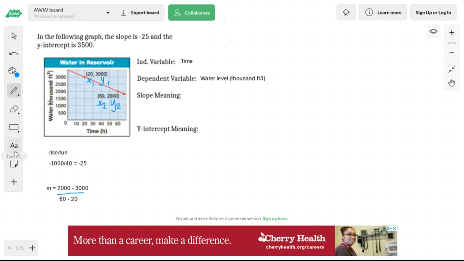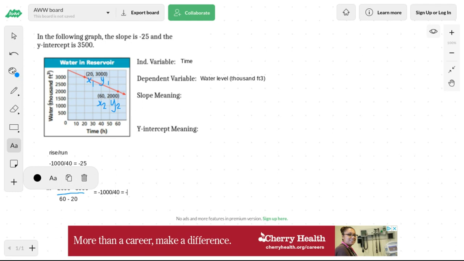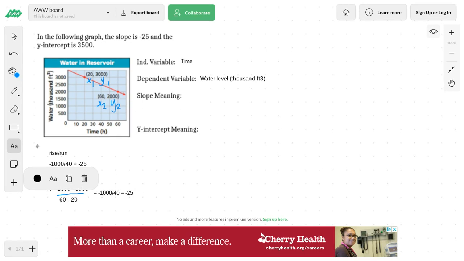And if I simplify that, again, I get negative 1,000 over 40, which is what I was simplifying earlier up here. And I know that's just negative 25. So either way, whichever method you like better, do it however you like.